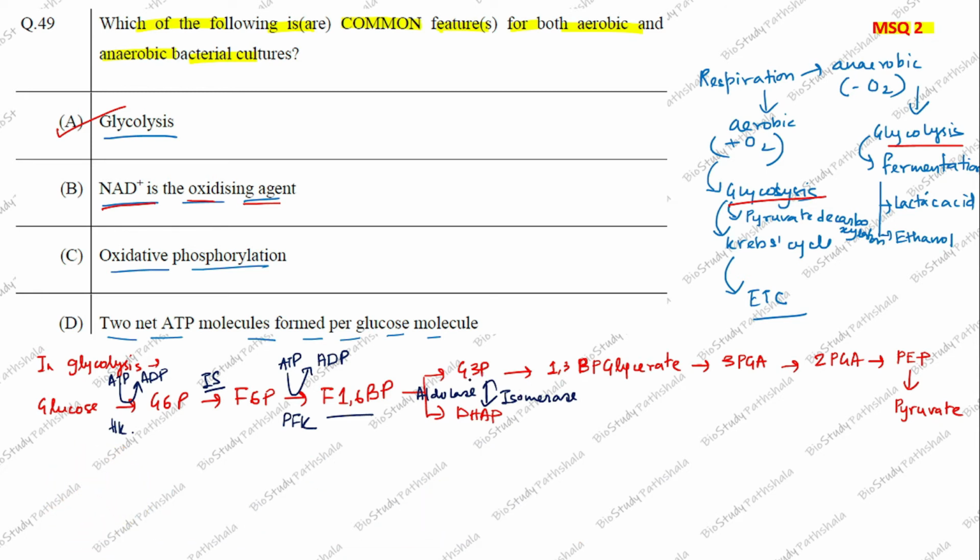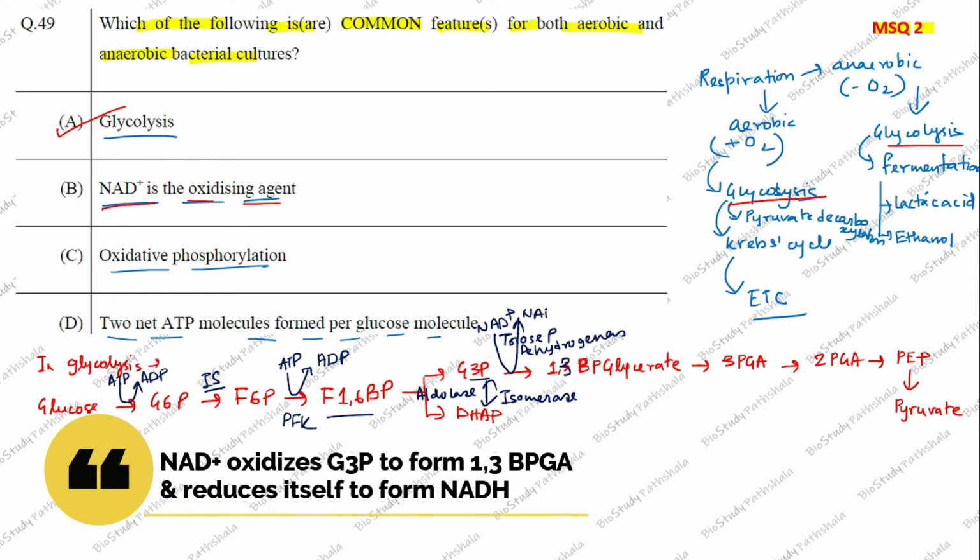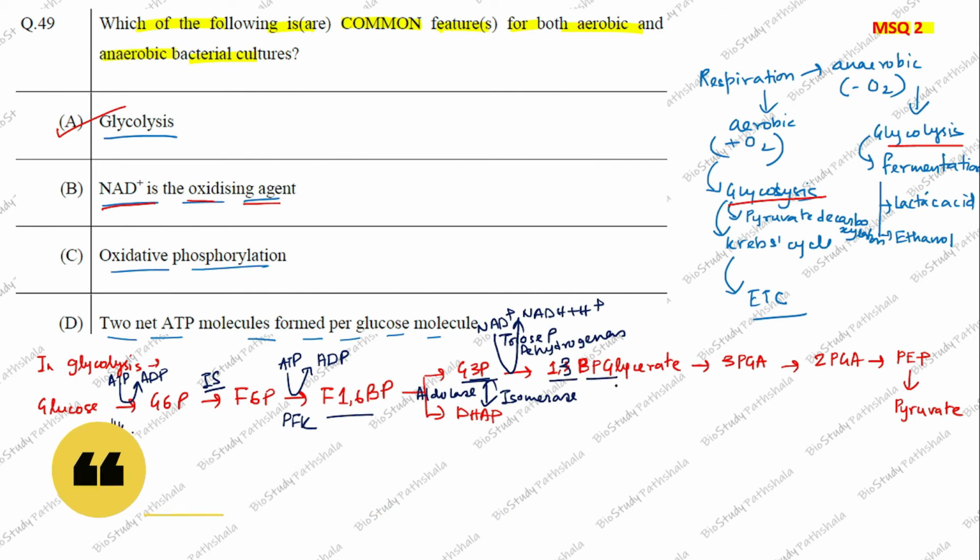Now this glyceraldehyde 3-phosphate is converted into 1,3-bisphosphoglycerate by the enzyme triose phosphate dehydrogenase, and here one NAD plus is reduced to form NADH plus H plus, and this G3P is converted into 1,3-BPGA.